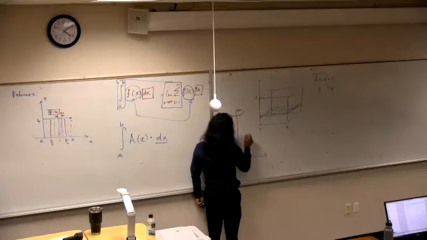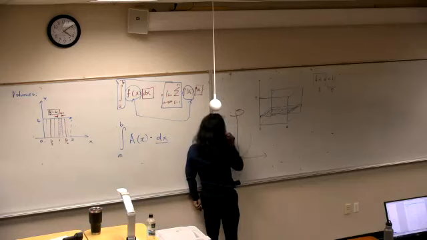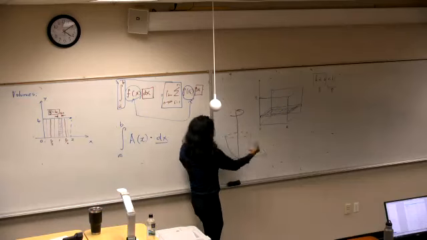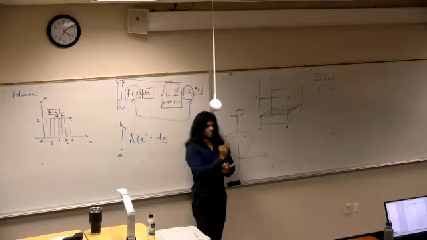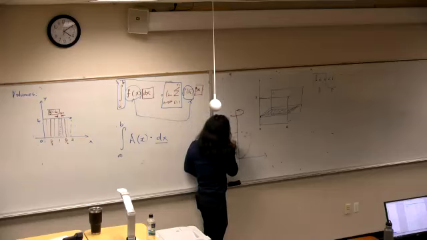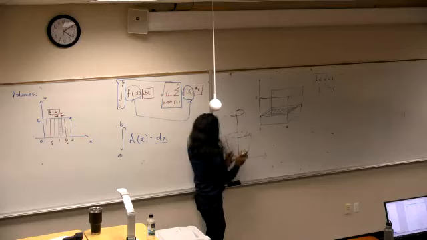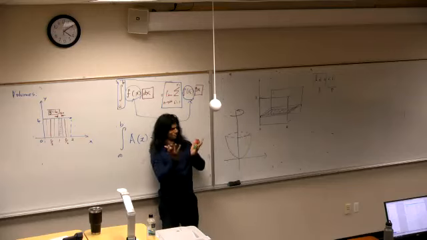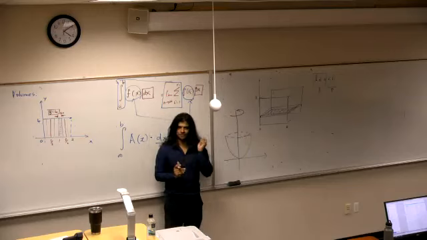Let's say I spin with respect to y. That is the shape I'll get. Do you agree? At the end of the day, it's going to be a hollow pot of some sort.